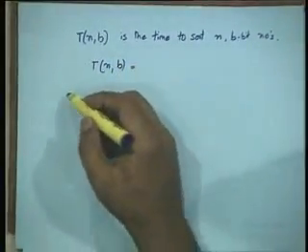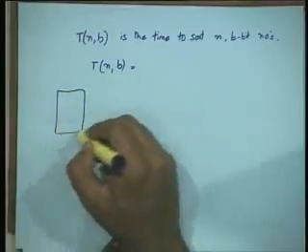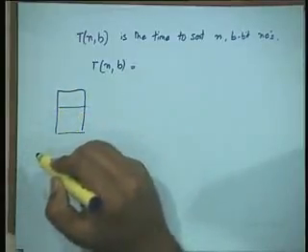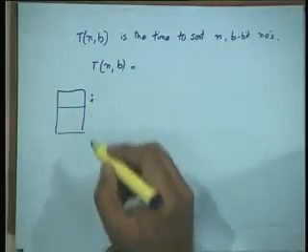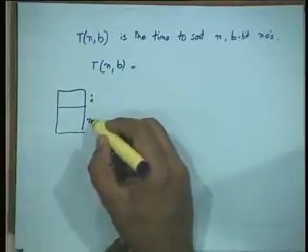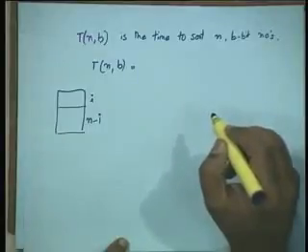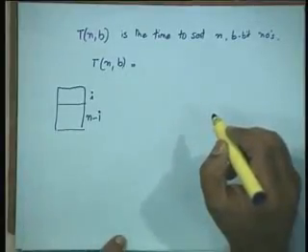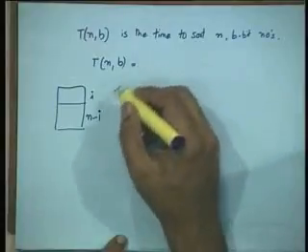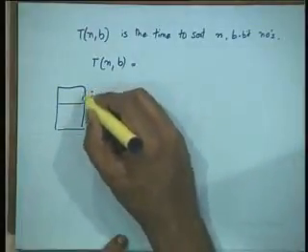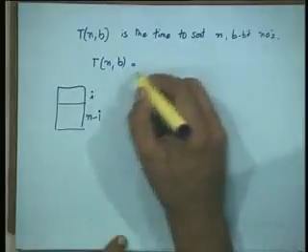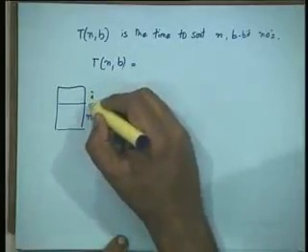We are going to partition these n numbers into two pieces. This was the top subarray. Let us say this has I numbers in it, and the remaining would be n minus I. Now, how much time does it take to sort these I numbers?